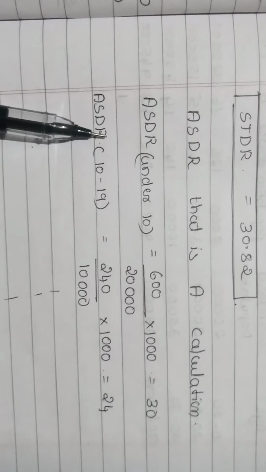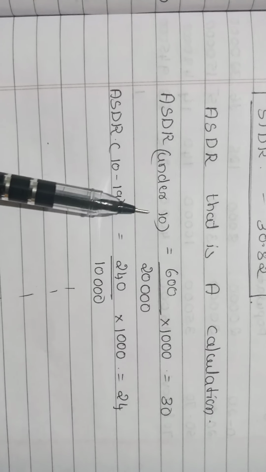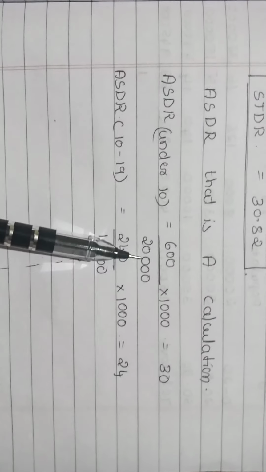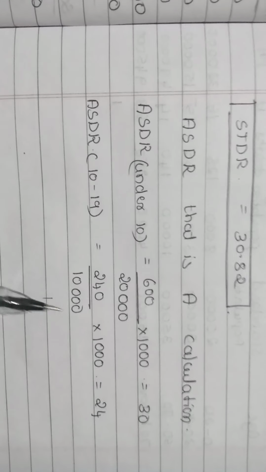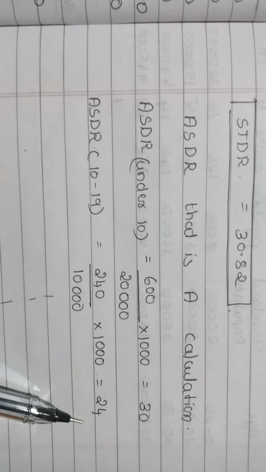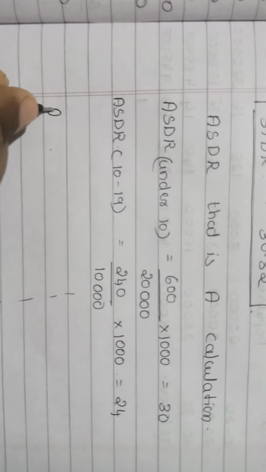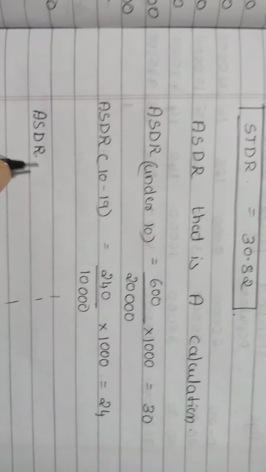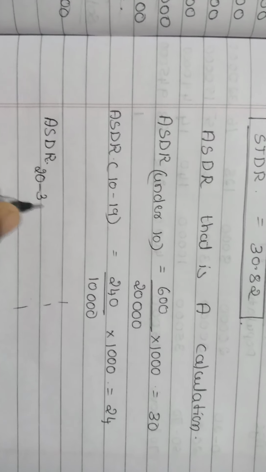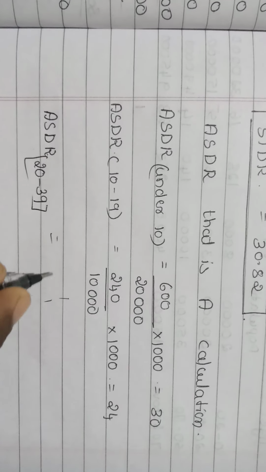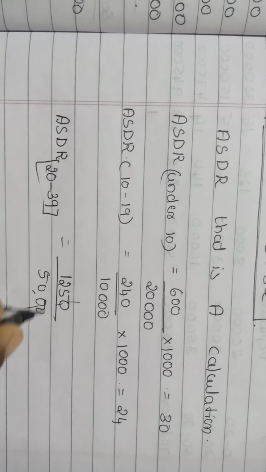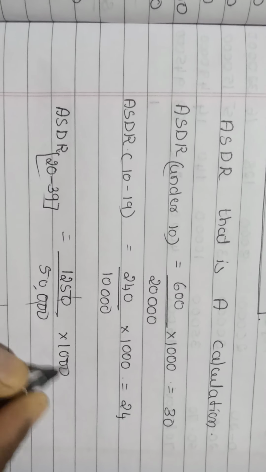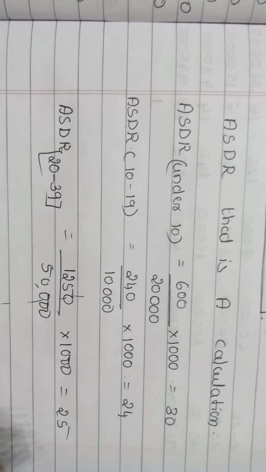Here I have written sub-steps to obtain ASDR. So ASDR for below 10 years, 600 upon 20,000 into 1000, 30. 10 to 19 is 240 upon 10,000 into 1000. Then ASDR for 20 to 39 is 1250 upon 50,000 into 1000, that is 25.